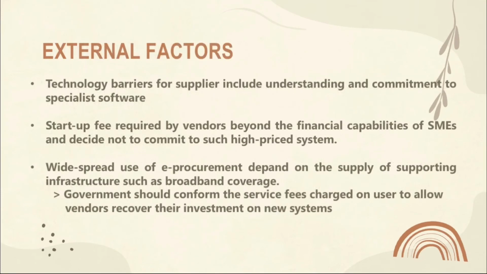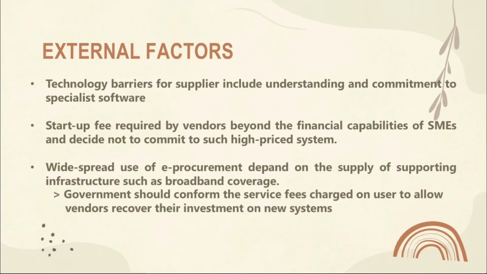Next, external factors. External factors are also one of the challenges in implementing the e-procurement system. The technology barriers to suppliers embody understanding and commitment to special software. Also, startup fee. Startup fee required by vendors is beyond the financial capabilities of SMEs, and they decide not to commit to such a high-price system.